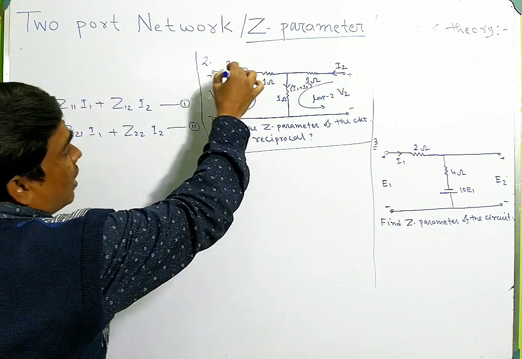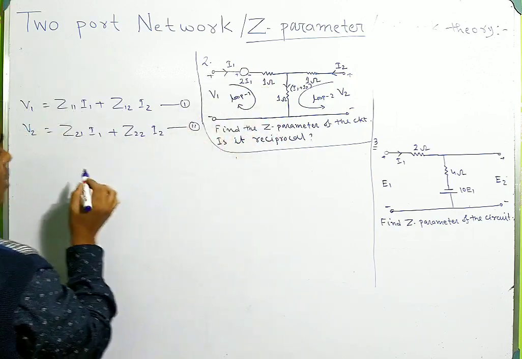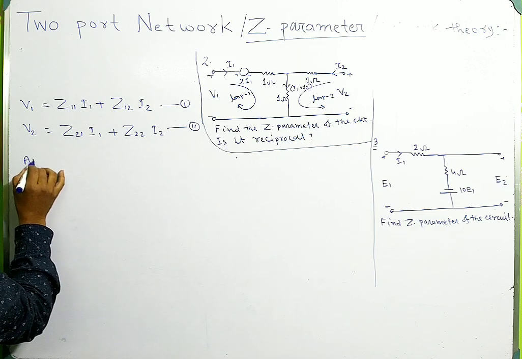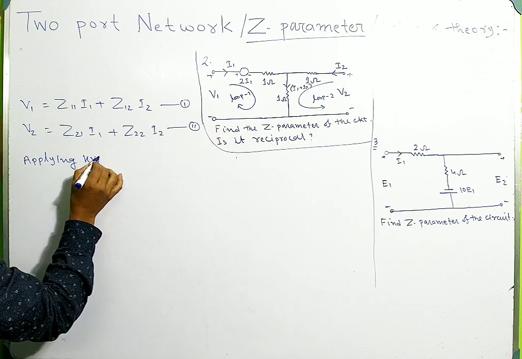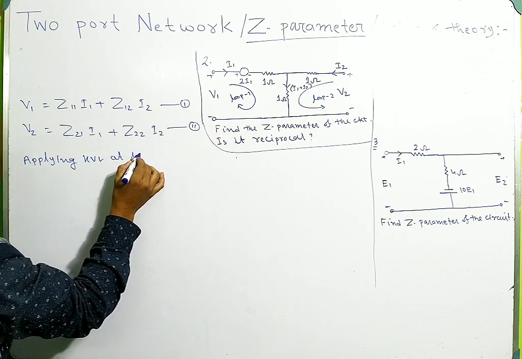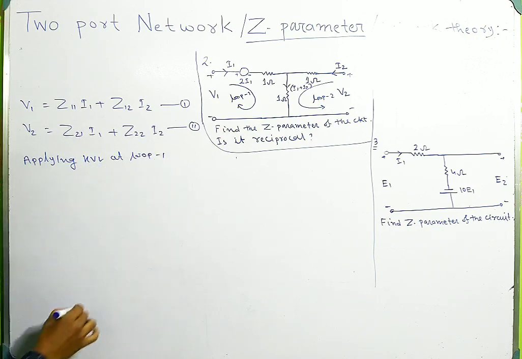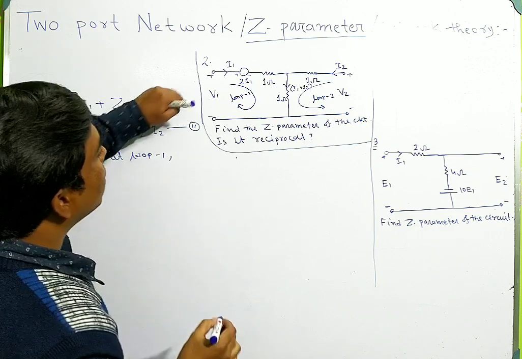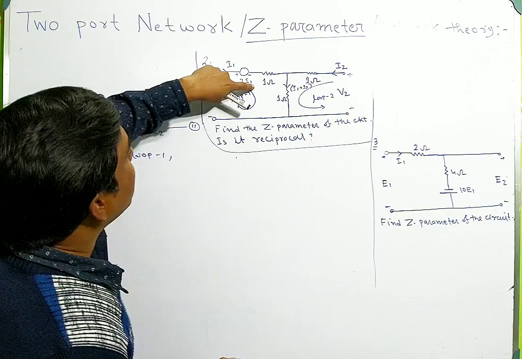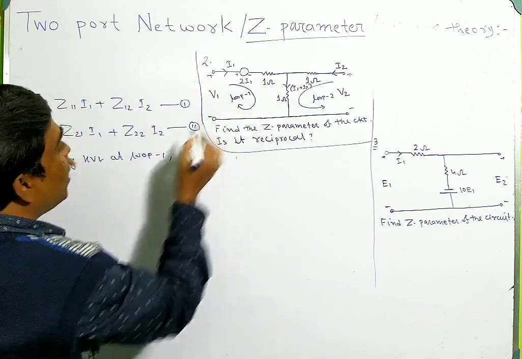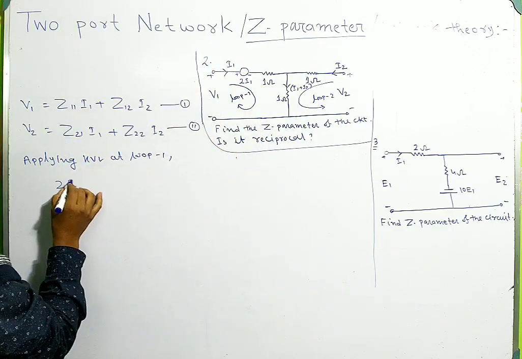So applying KVL at loop 1, we get, with this current dependent voltage source, 2 into I1.